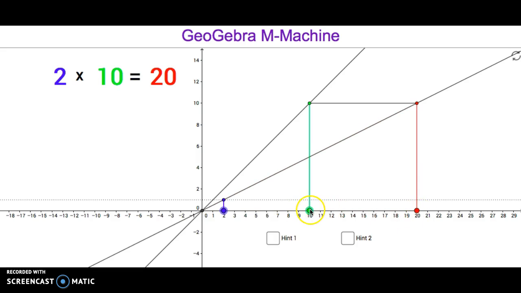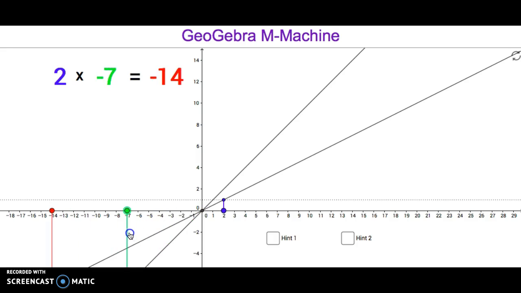Now let's move the green, and I have negative 7, so my multiplication problem would be 2 times negative 7. This line is y equals 2x, and if I plug in negative 7 for the value of x, then y equals 2 times negative 7, which is negative 14, which is also negative 14 according to the blue line.